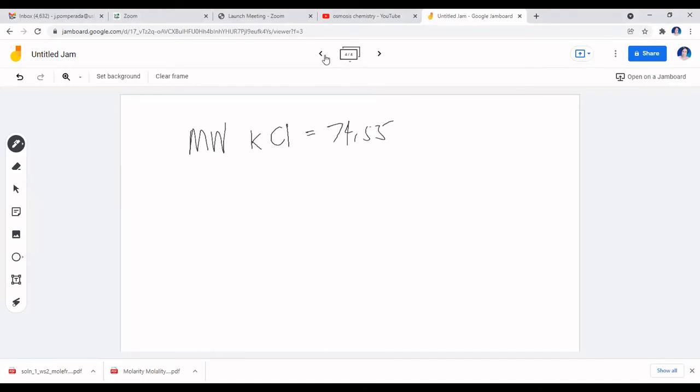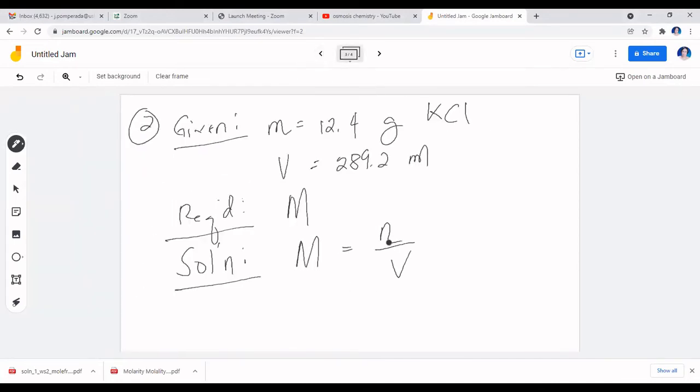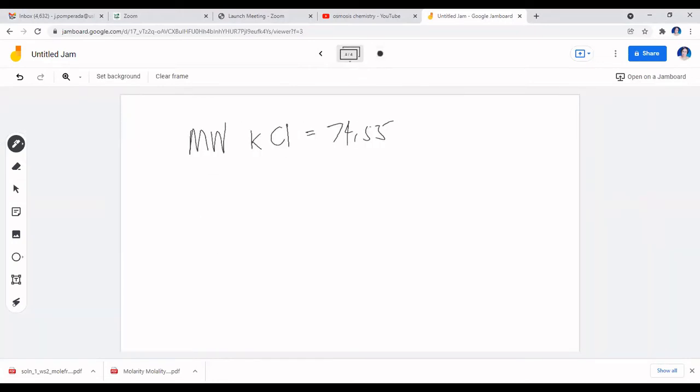74.55. Okay? We need to determine the moles, so we need to divide the mass by the molar mass. So number of moles is the mass over the molar mass or the molecular weight. It's 12.4 grams in here.